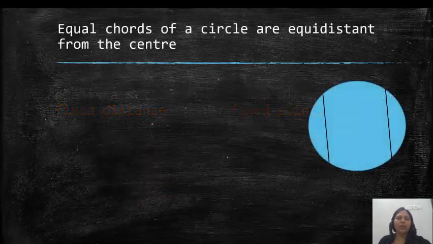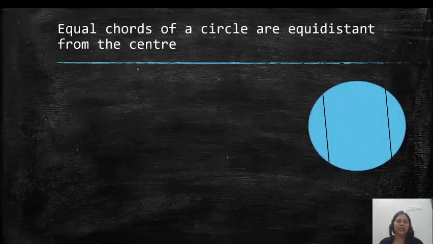The theorem about which we are talking says: equal chords of a circle are equidistant from the center. Just now I told you that there are two chords. Let us name them: this is chord AB and this is chord CD.